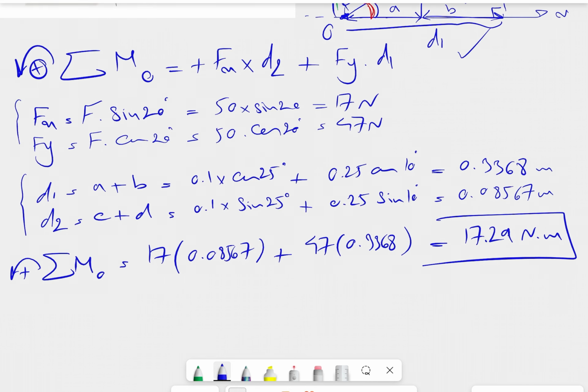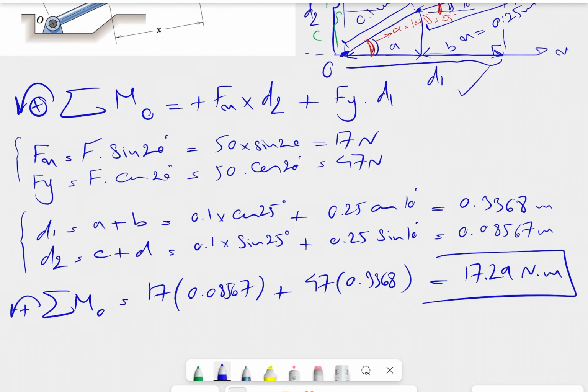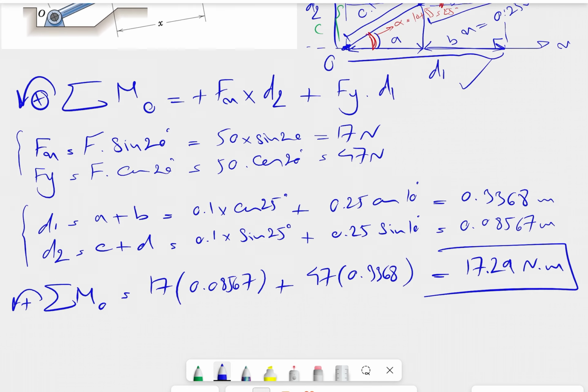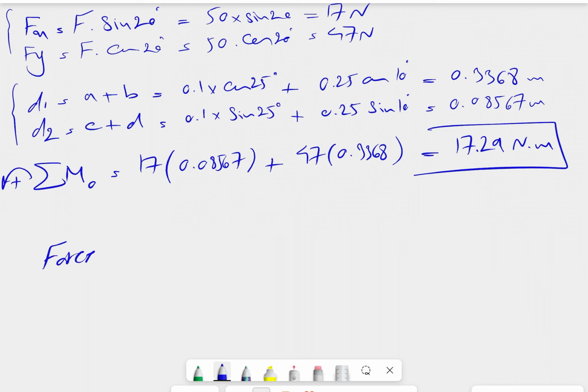So we found the moment about point O, and at the end, the way we're going to show the force couple system will have the force.